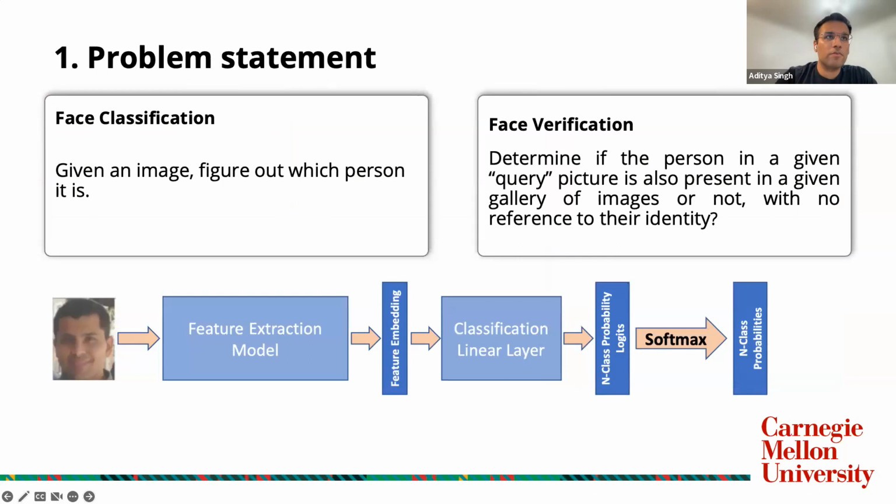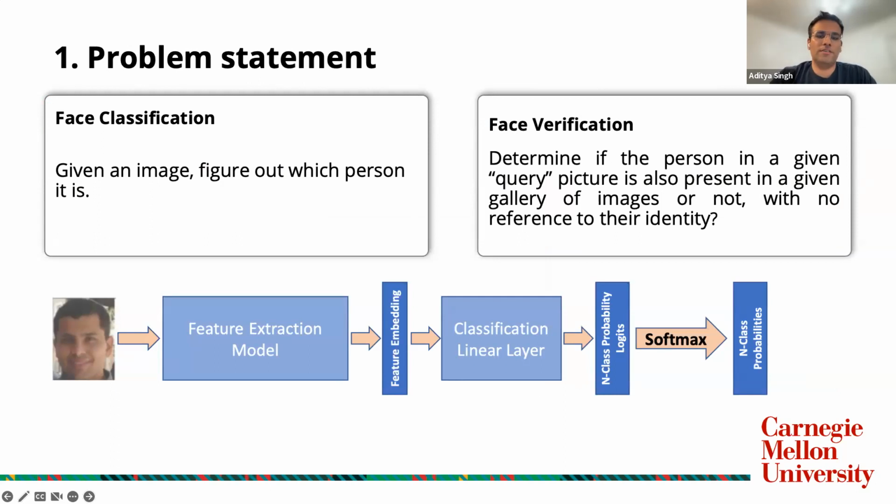Great. So if you've read the write-up, then by now you know that we have two tasks for homework 2 part 2. One is face classification, which is pretty straightforward. Given an image, figure out which person it is. So it's from a limited set, so there are a finite number of options.